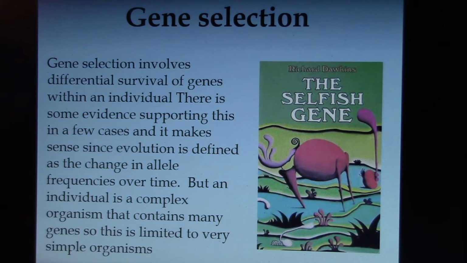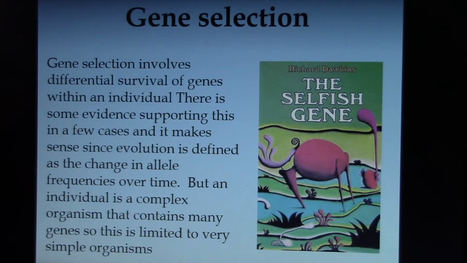So, gene selection. This was an idea of, what is his name? Richard Dawkins, that a gene could determine whether that organism survived or didn't. Thus, survived and reproduced or didn't. Okay?